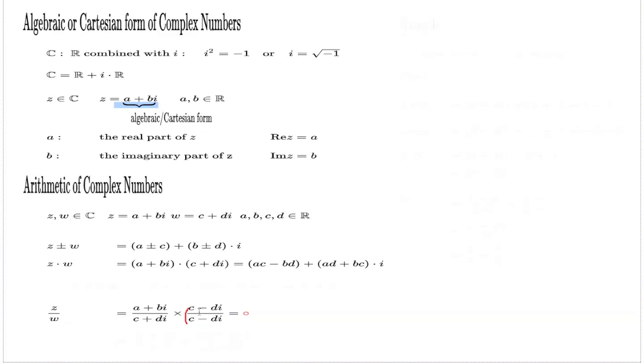But now you multiply the numerator with the numerator and the denominator with the denominator. In the numerator, you just do the multiplication like you did here. But the denominator is interesting. It turns out, and I'll skip the details, that if you multiply these two numbers, the result will no longer have any imaginary part in it.